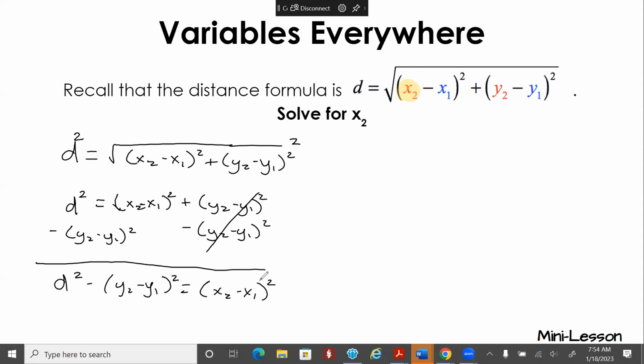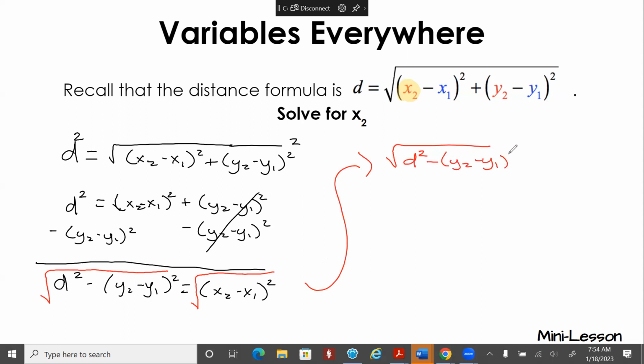In order to get rid of a squared, what do you need to do? Take the square root. So we're going to take the square root of both sides. When we do that, we get the square root of D squared minus y sub 2 minus y sub 1 squared equals x sub 2 minus x sub 1.